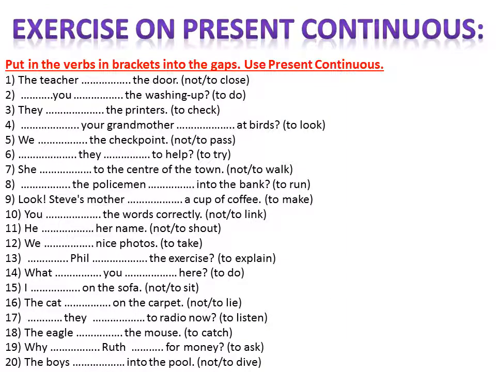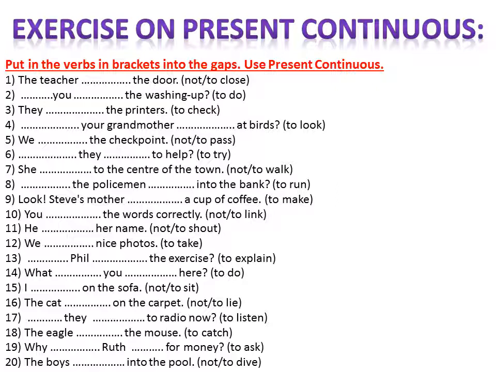The present continuous tense. We use the present continuous tense to express a temporary action or to express that something is happening at the time of speaking. For example, look, Ahmad is running very fast. Listen, Ali is speaking.